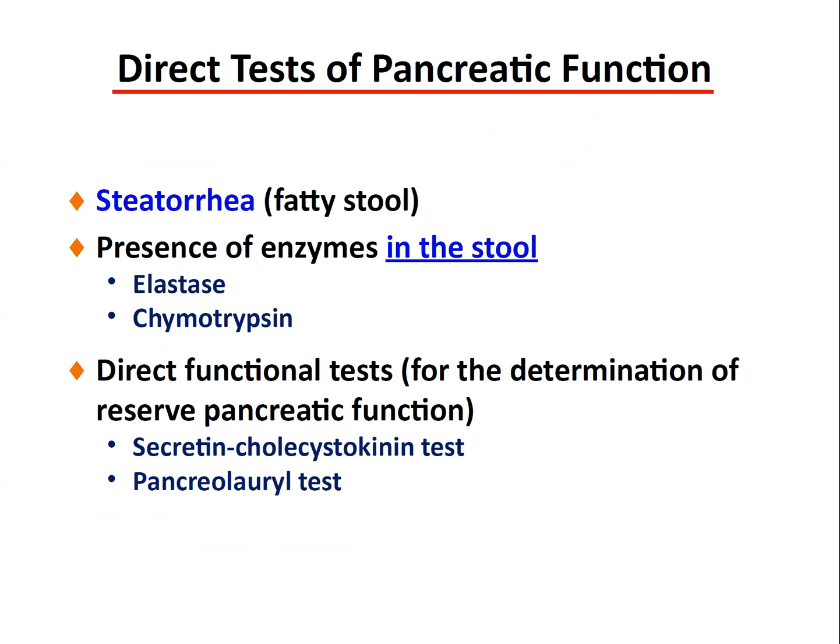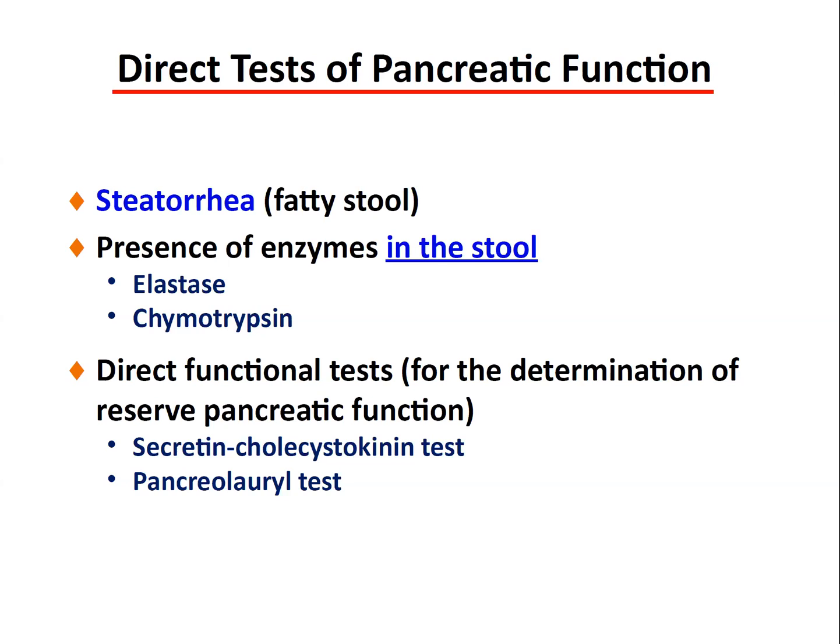Now, the direct tests of pancreatic function: first of all, as we mentioned, fatty stool, steatorrhea, of more than 7 grams, or the presence of enzymes in the stool. Mostly they measure the elastase activity, because elastase is not cleaved during passage in the stool.